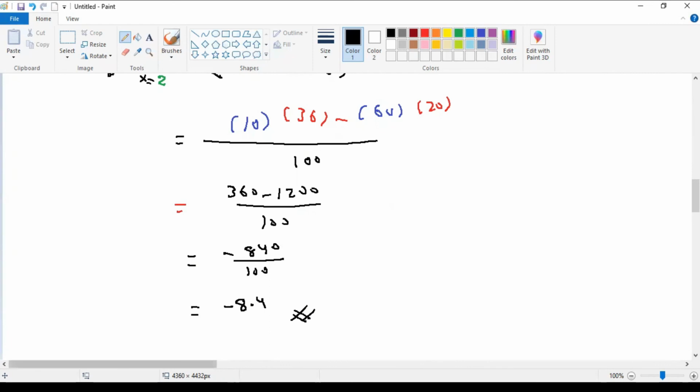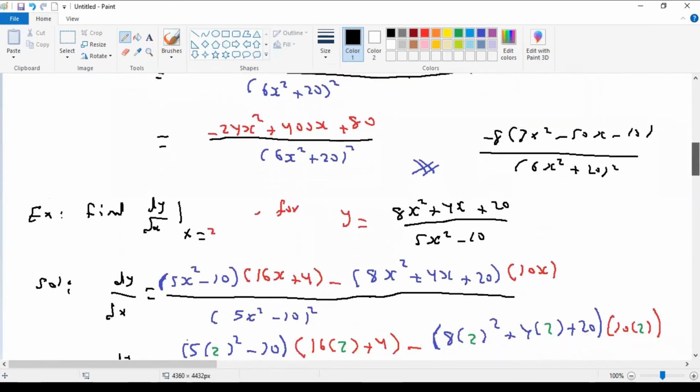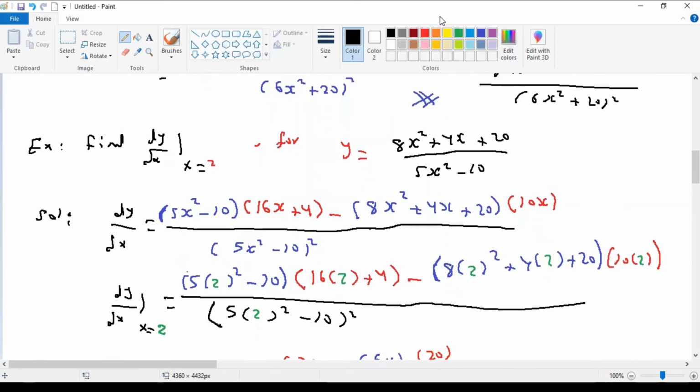Look at here again, the derivative. This is the function, which is the rational function. This is the numerator and this is the denominator. Denominator squared, 5x squared minus 10, and write the denominator here, multiplied by the derivative of the numerator, 16x plus 4, minus the numerator multiplied by the derivative of the denominator, 10x.